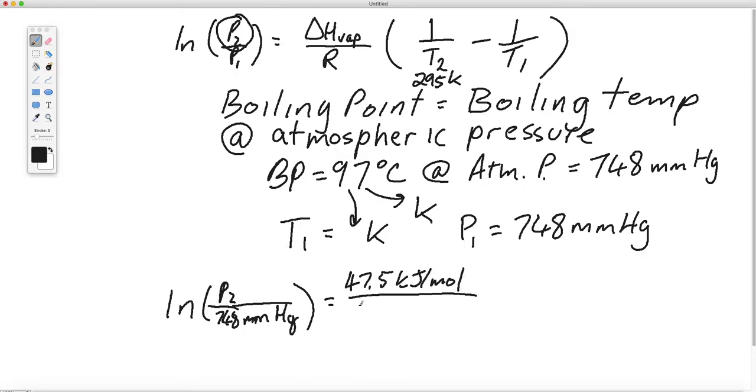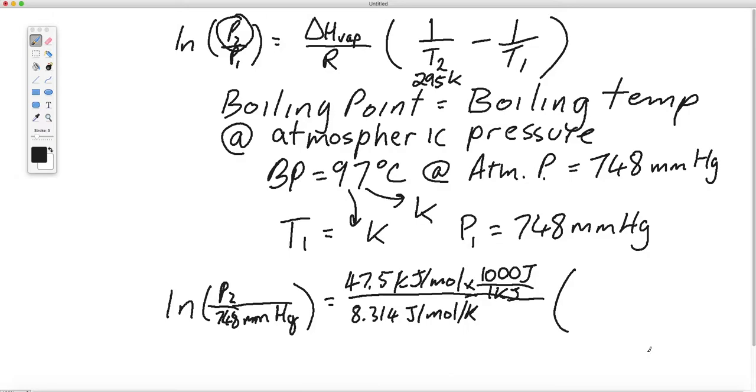And that's over the R value, which we said was 8.314, but it's joules per mole per Kelvin. So as you can see, the issue we're facing here is that these kilojoules and the joules don't cancel. So I'm going to have to do a conversion of 1000 joules to kilojoules, and that will get rid of the kilojoules, leave me with joules.